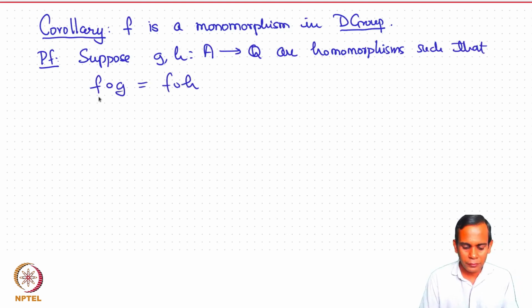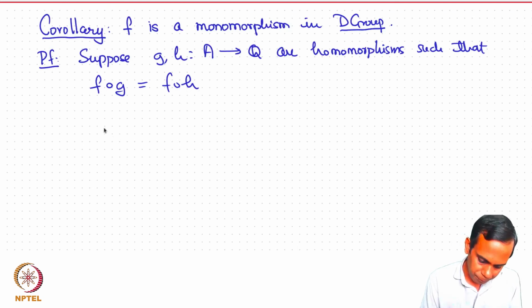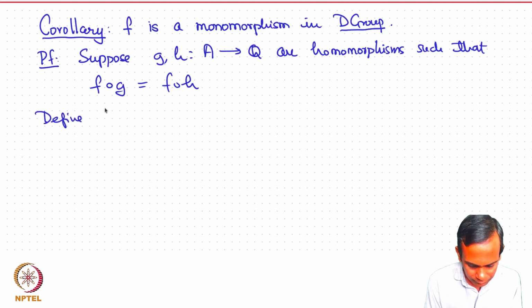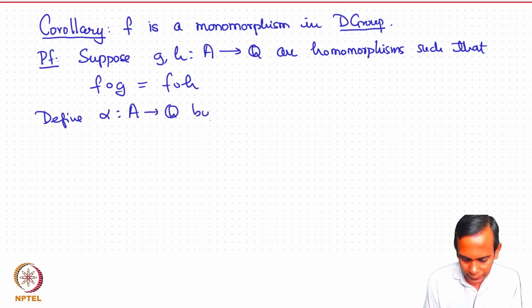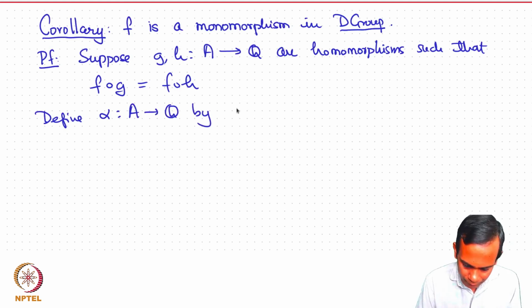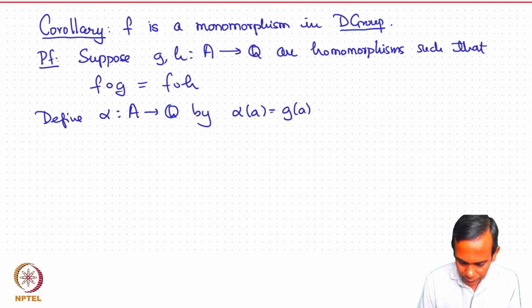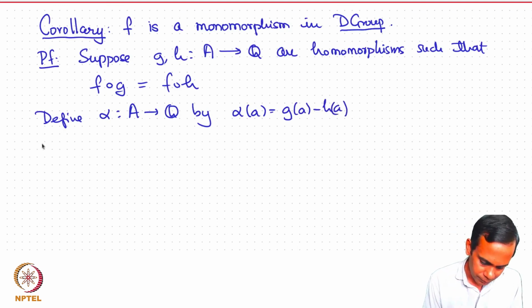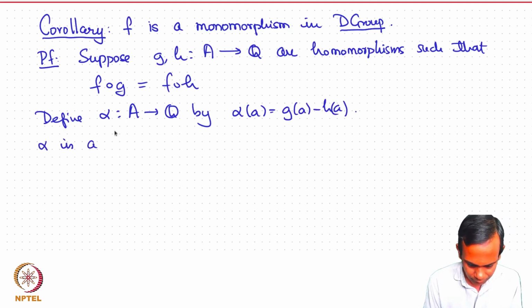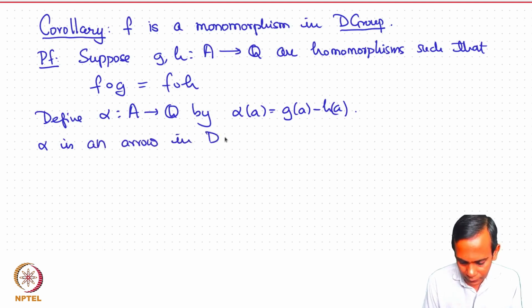So that's a homomorphism from A to Q mod Z. Then define alpha from A to Q by alpha of A is equal to G of A minus H of A. So this alpha is again a homomorphism. That's easy to check. So it's an arrow in D group.